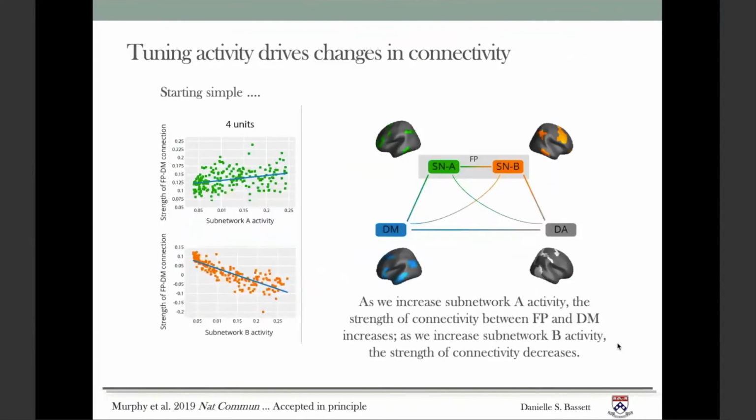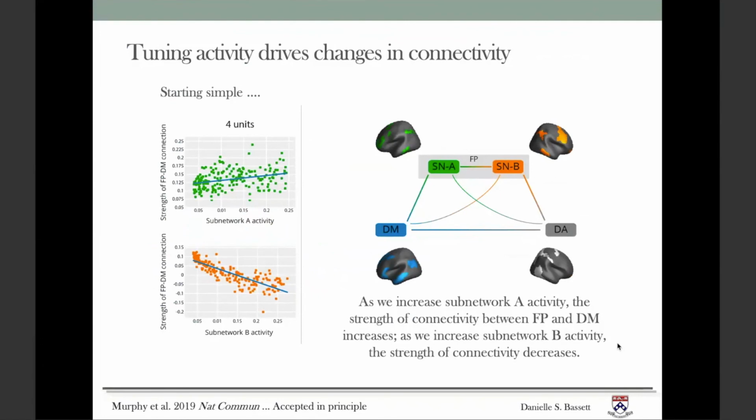And here we began by just starting simple, where each system was its own oscillator, which means there are only 4 oscillators in this simplified model. And what you see here is when we increase the activity of subnetwork A, leaving everything else the same, not touching anything else, we see that the frontal parietal default mode connection strengthens.